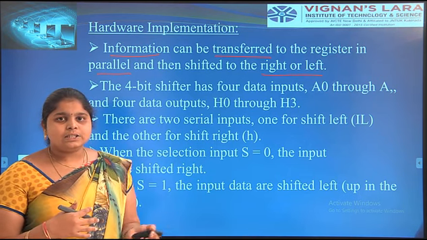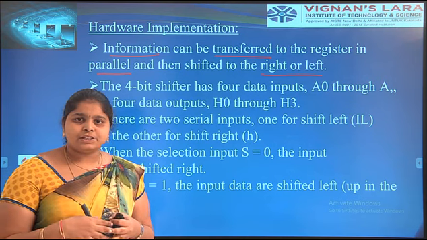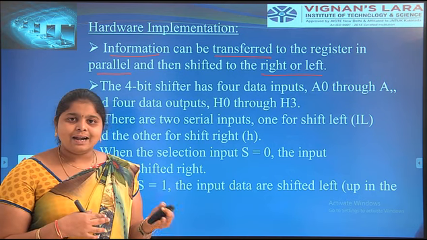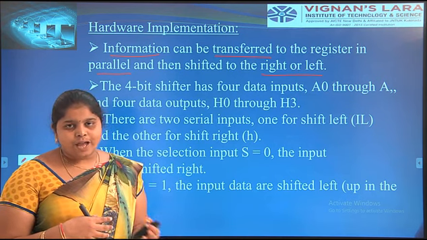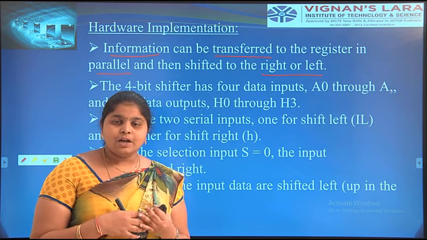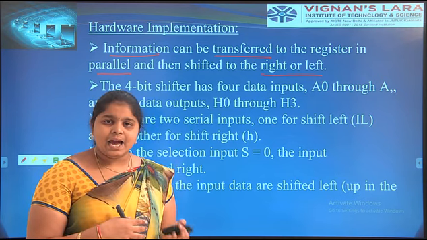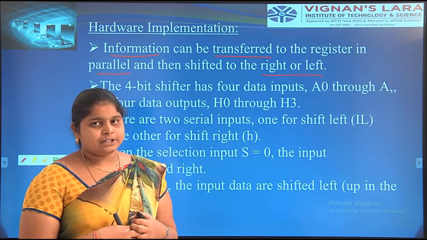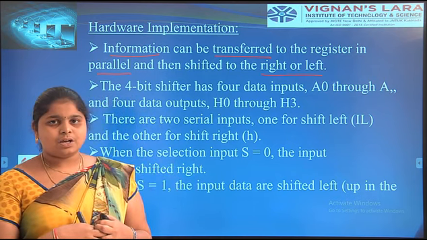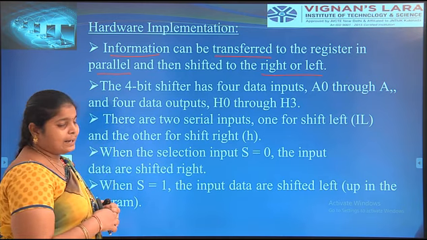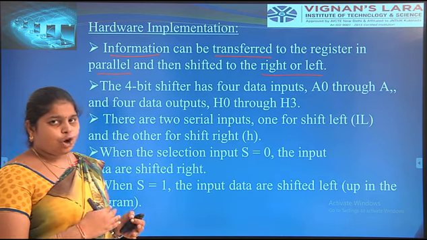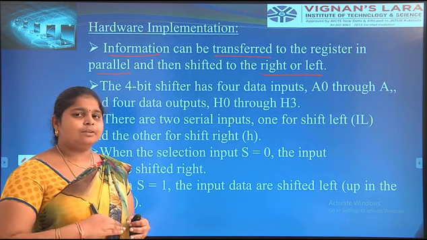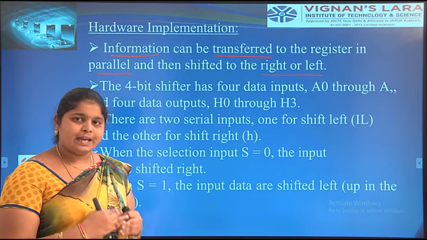In logical shift we perform SHR and SHL. In circular shift we perform CIL and CIR. In arithmetic shift we perform ASHL and ASHR. Likewise, the shift operation is performed to the right or left based on those operations.